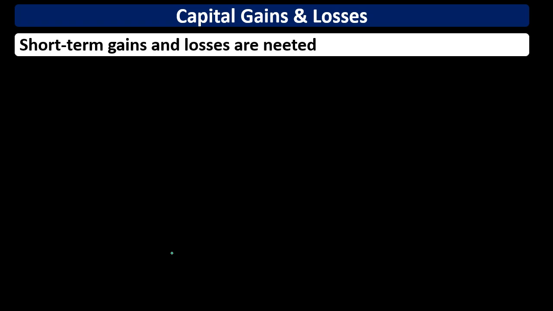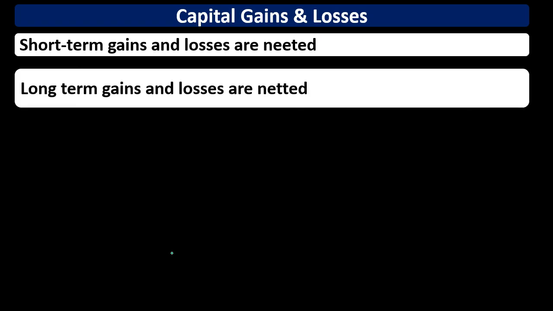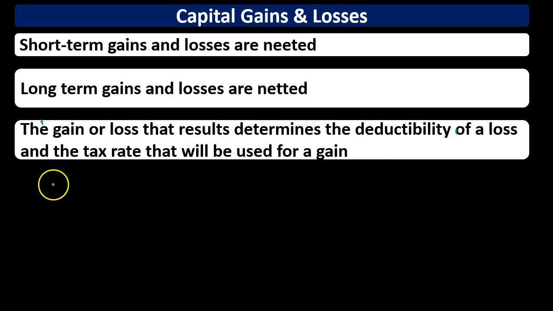Well, we would net the gains and losses out first on the short term. And then the long-term gains and losses we're going to net out. So you can think of these as two separate pools, short-term gain and loss, long-term gain and loss. We're going to net them out to get a net gain or loss between the short and long term. The gain or loss that results then determines the deductibility of a loss and the tax rate that will be used for the gain at that point.